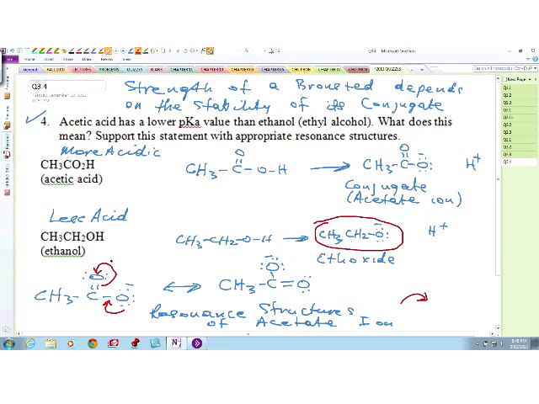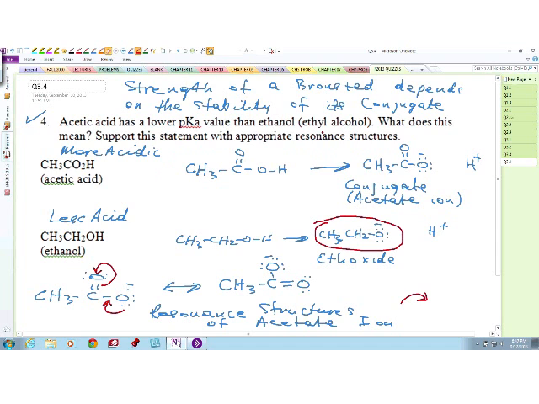Next time I will say explain. I think that's the same question that Kiara was asking, right? No, because I said, what does this mean? So I put it was more acidic, but it says support the statement with the appropriate resonance structure. It doesn't say support with words. Oh, okay. Next time I will say explain with words. Is that okay? Okay. Anyway, let's move on.